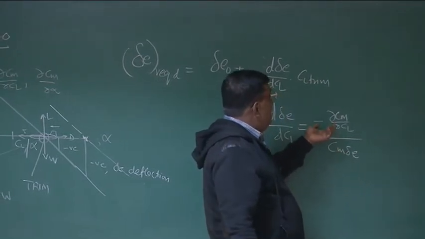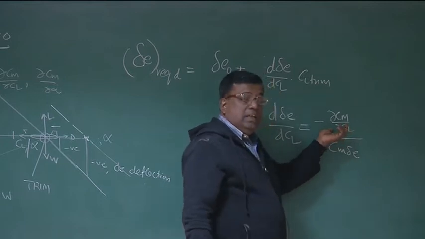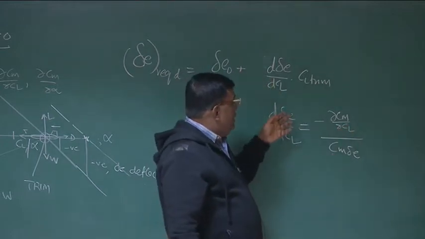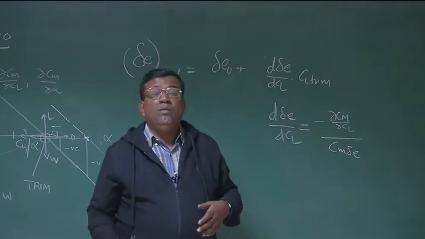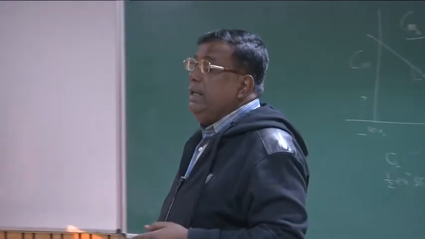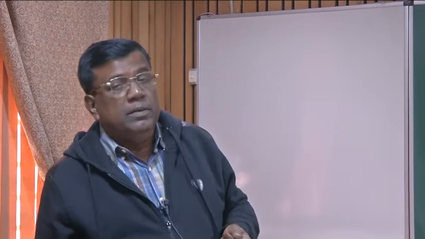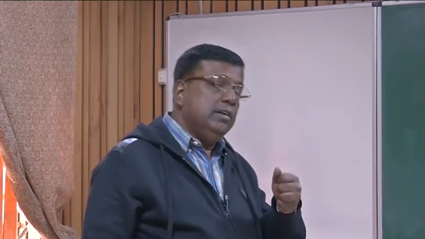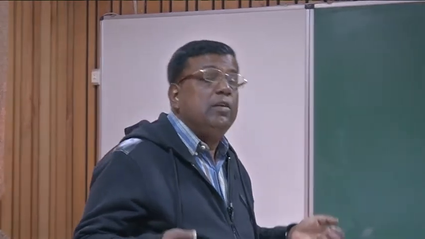It is very obvious that if dCm by dCl is very, very large, that is highly stable, then this value will be very, very large, so delta E required will be very, very large, which conforms to our understanding that if an aircraft is highly stable, it is extremely difficult to take it from one trim to another trim, for the simple reason that, being highly statically stable, it will oppose it.